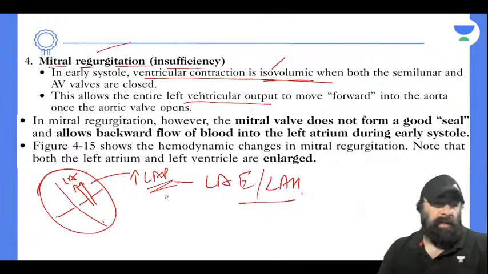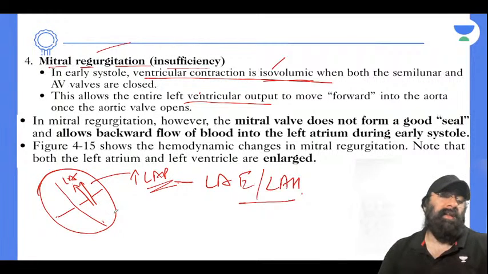Okay? Then LA can enlarge and the left ventricle can also enlarge, because during the next cycle the volume coming back into the left ventricle will be more, since the left ventricle is putting some volume back here.